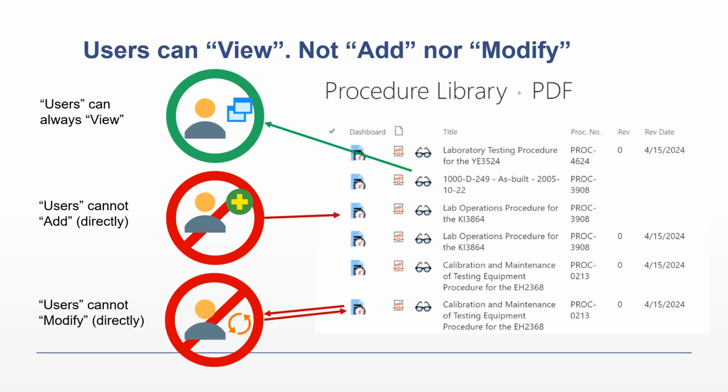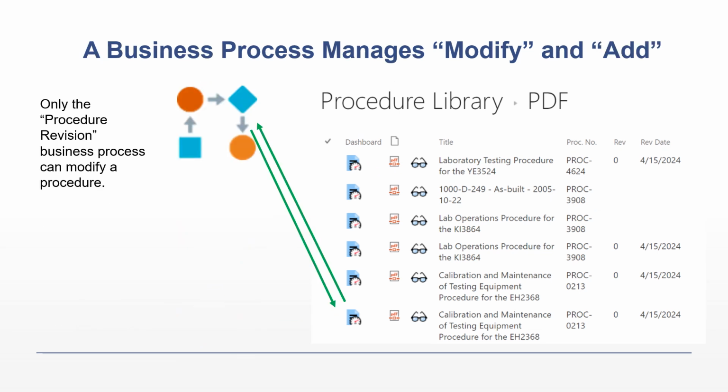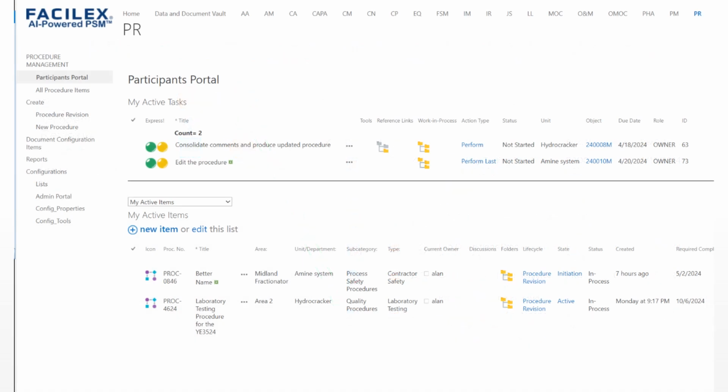In fact, we don't allow anyone to directly add or modify procedures in the library. When I say directly, I mean that a user cannot simply save a procedure file to the procedure library. Any addition or revision of procedures needs to be done with a controlled business process. And that's what the FACILEX procedure management application does.